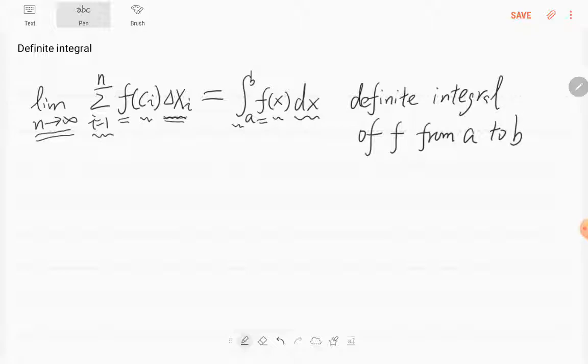Here a is called the lower limit of the integration, and b is called the upper limit of the integration.